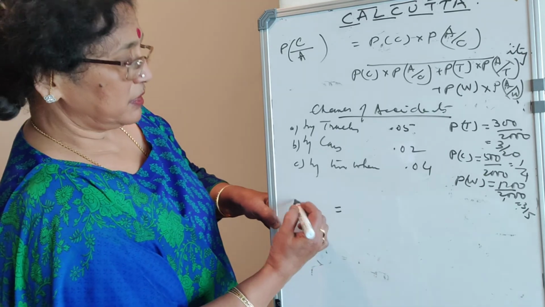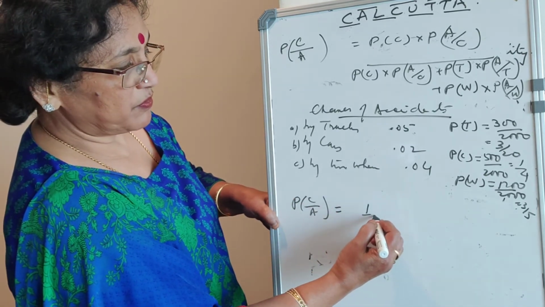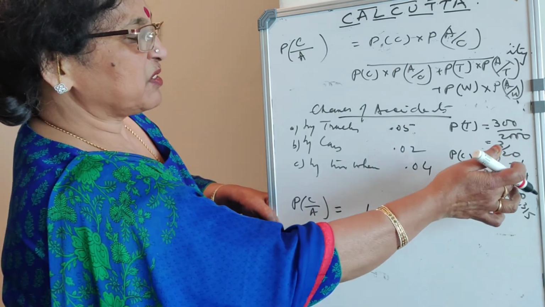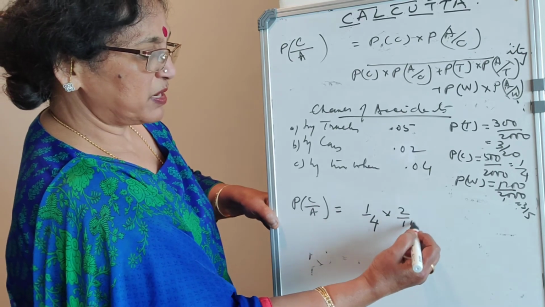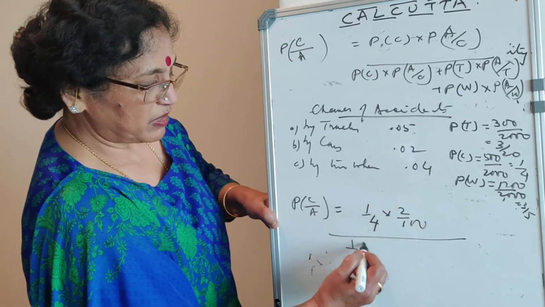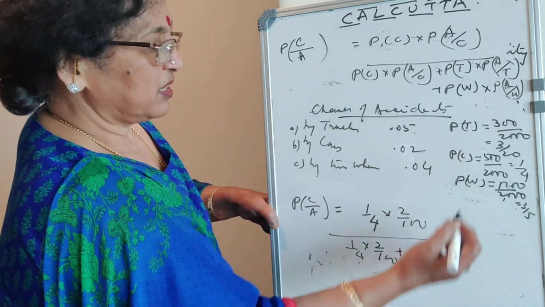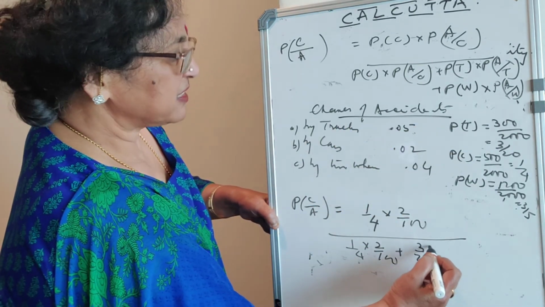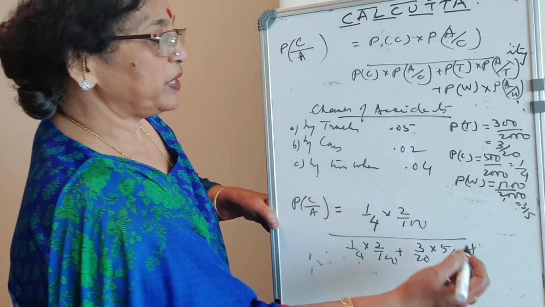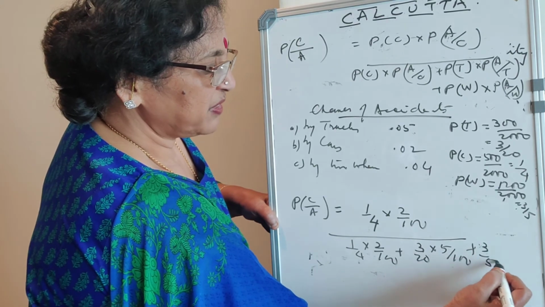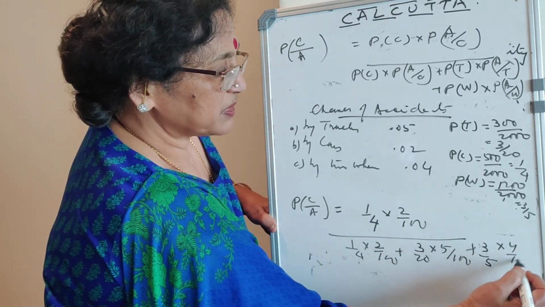So in the Bayes theorem, for the accident having occurred by a car, the probability of the car is 1/4, am I right? And the accident by car is 2%, that is 2 by 100. So repeat this: 1/4, 2%, then the probability of a truck, 3 by 20, and accident by trucks, 0.5%, and the probability it is a two-wheeler, that is 3 by 5, 1200 by 2000, and accident by two-wheeler, 4%.